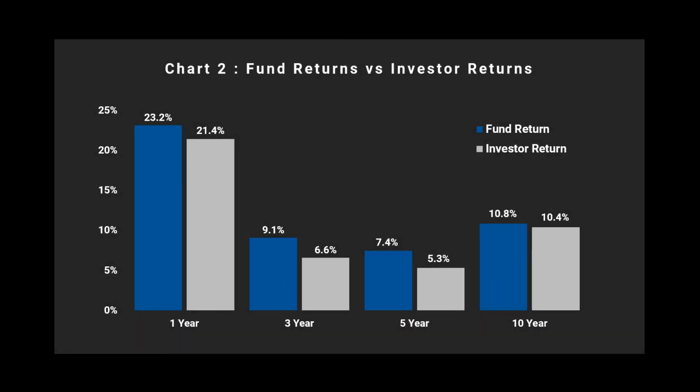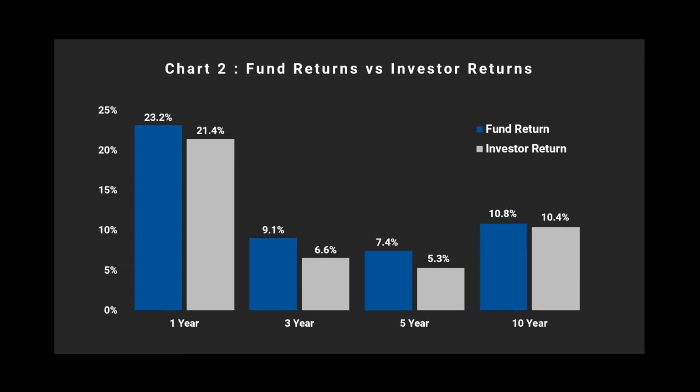If we move on to the second graph that we've got here, this graph shows the actual fund return relative to the investor experience, which is what we call the investor return. This takes into account the inflows and outflows of cash flows in different periods, essentially what we also call a dollar-weighted return. So for example, over 1 year, the fund delivers a return of 23.2%.